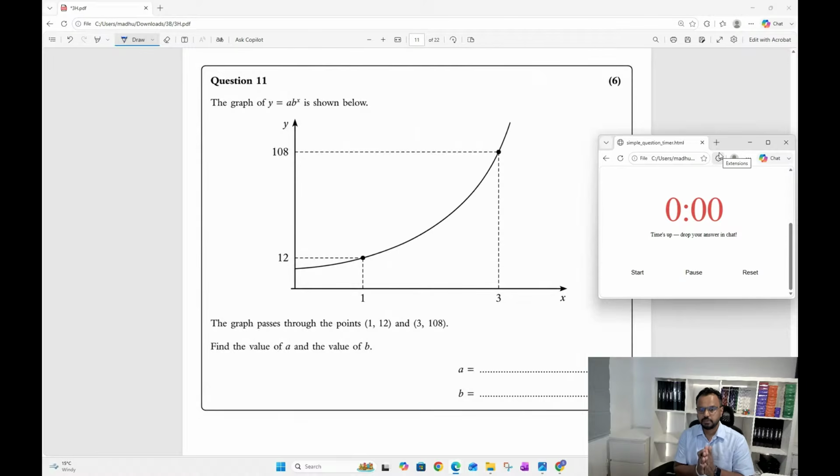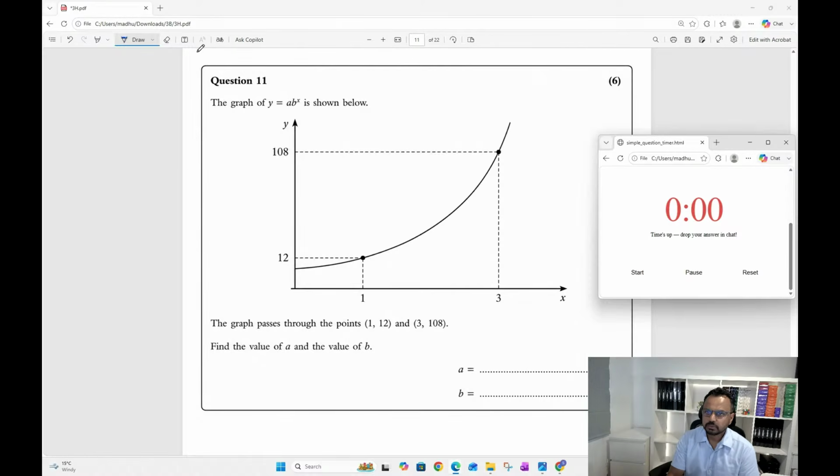That is the thing. Zaina, you probably haven't learned this type of question. In your spec you have exponential graphs, but you may not have done a question like this. So I'm just showing it to you anyway, and you will learn it soon. It's fine.